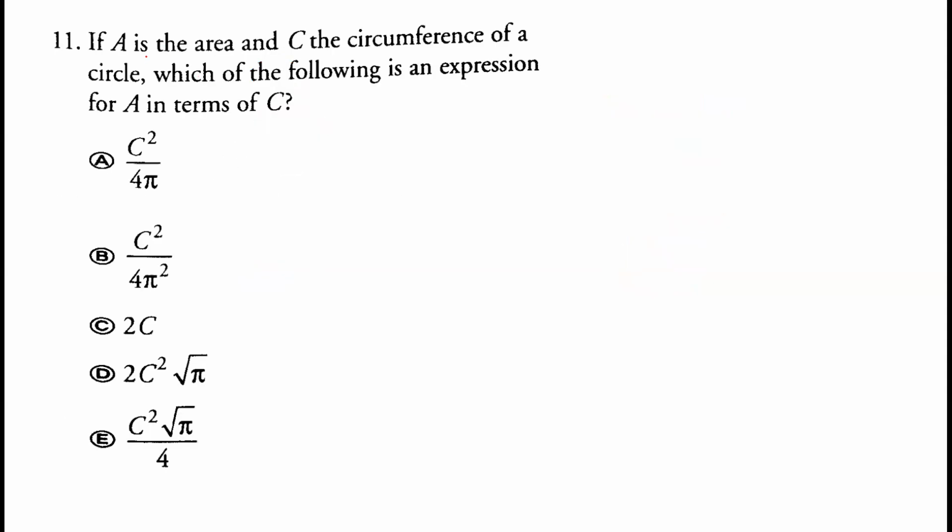Question 11, if A is the area and C is the circumference of a circle, which of the following is an expression for A in terms of C? So A equals pi r square and C equals 2 pi r.